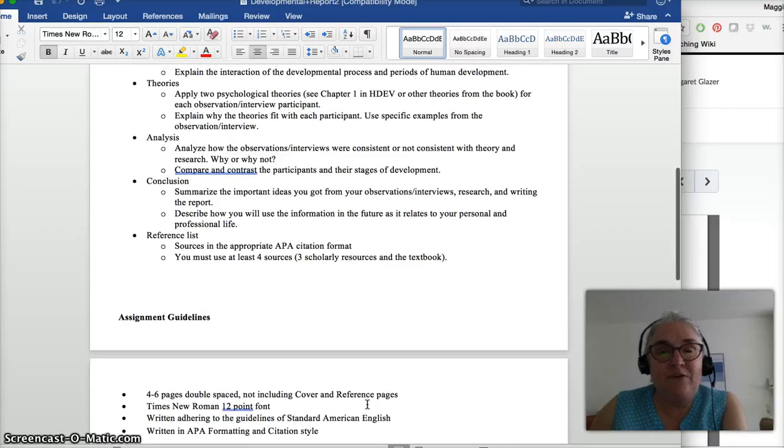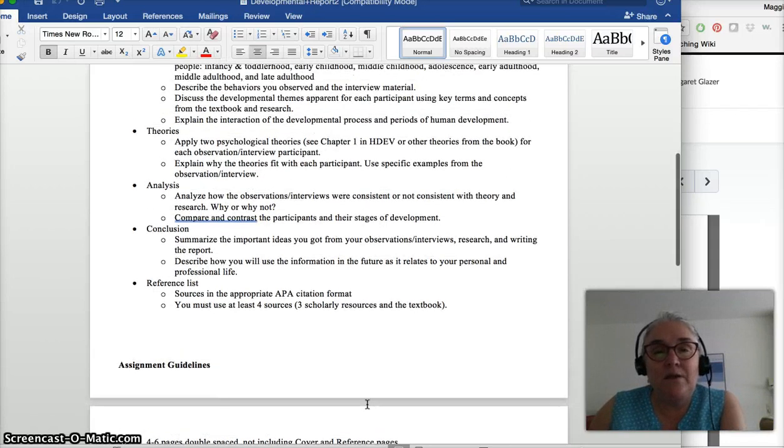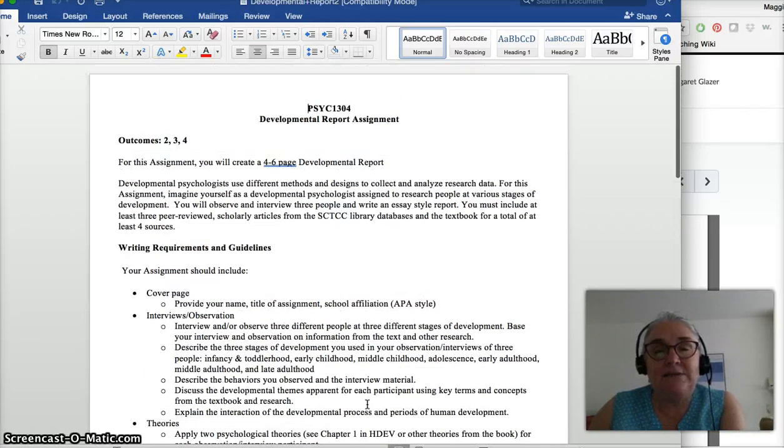I don't expect you to use everything from APA style. APA style has lots of different things, but as a beginning student in a beginning class, all I expect you to use is the very basics of APA style. For instance, the page is double-spaced, 1-inch margins all around, in-text citations, of course.